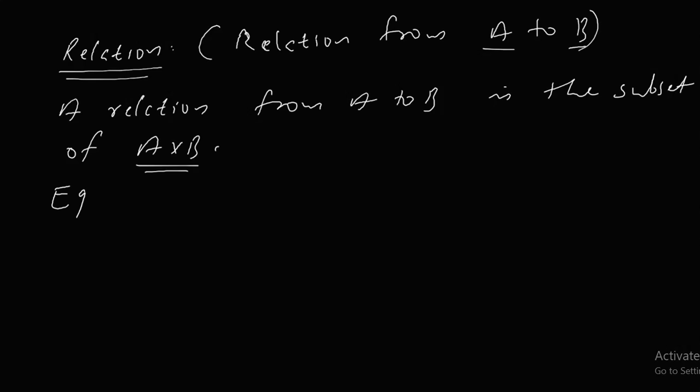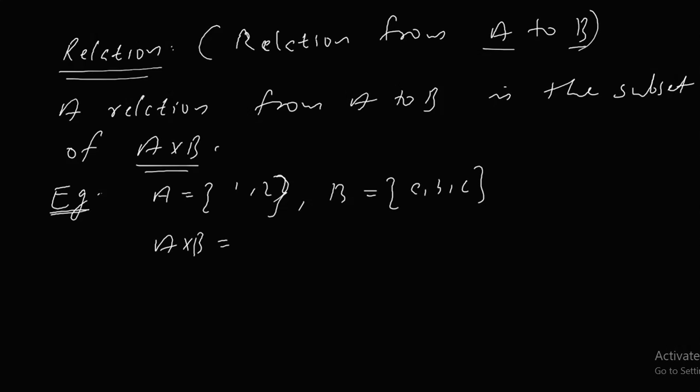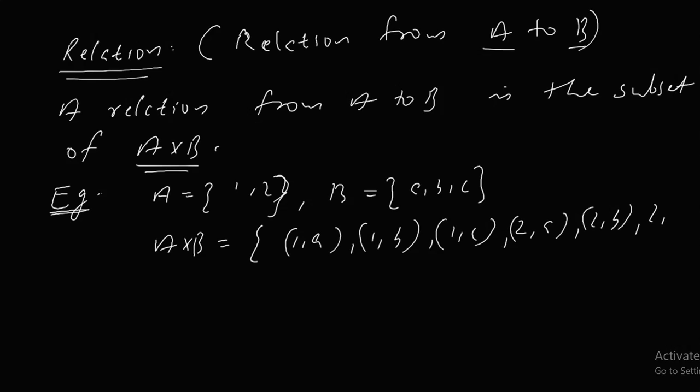In the previous example itself, we have seen A is equal to {1, 2}, and we have taken B is equal to {a, b, c}. A cross B is the set of all 6 elements: 1a, 1b, 1c, and 2a, 2b, and 2c.